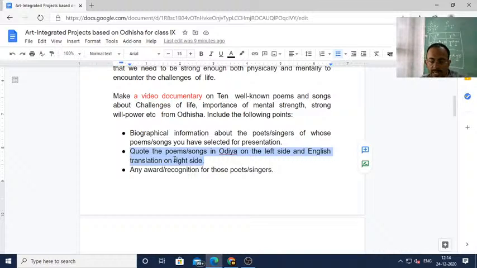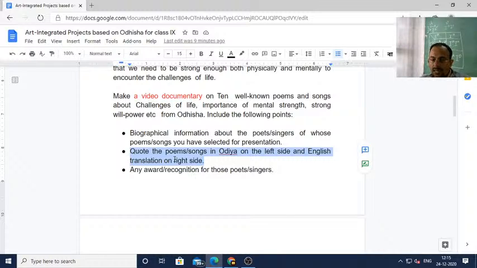You also take 2 to 3 pictures of that particular person. Suppose he is taking award, so award taking picture you take. Then as a boyhood, you can take how did he look in his childhood, and then when he grew up, how did he look when he became famous singer or writer. So 3 phases you can take.